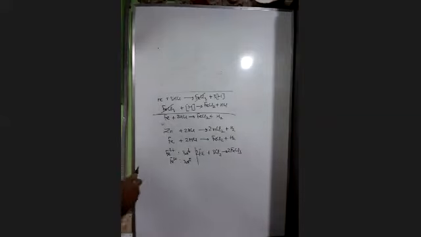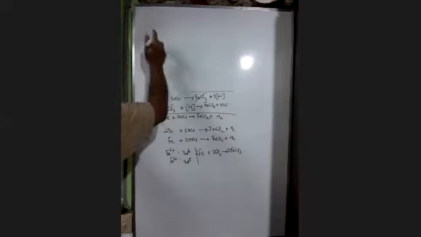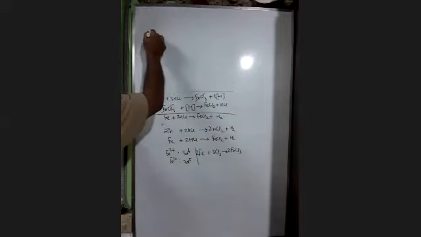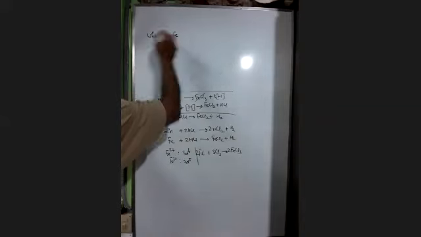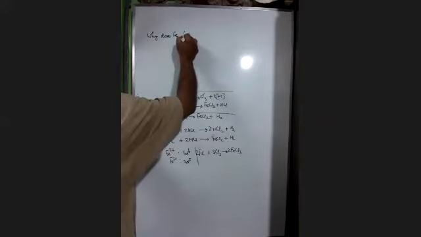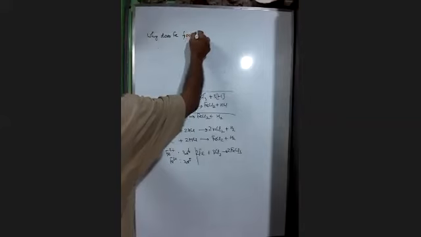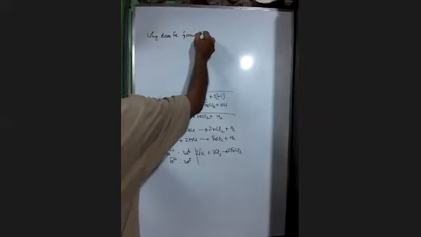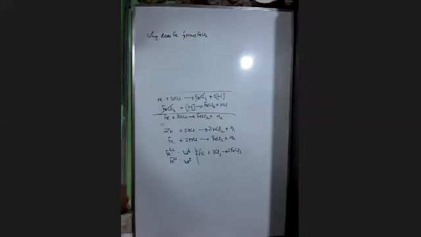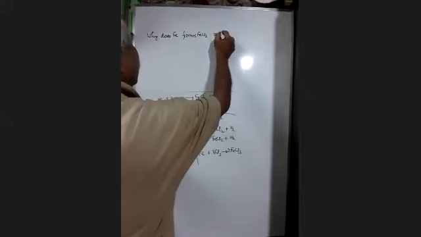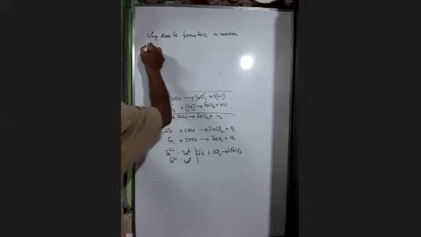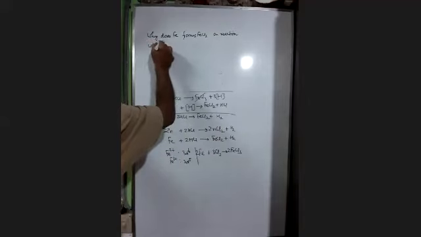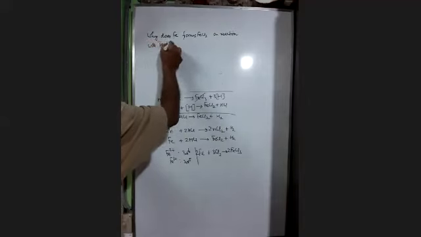So why does iron form FeCl2 on reaction with hydrochloric?